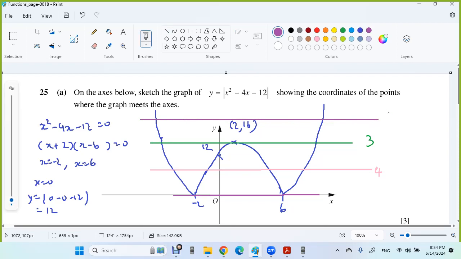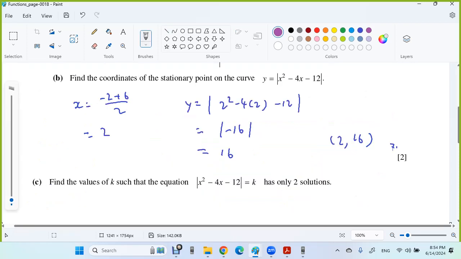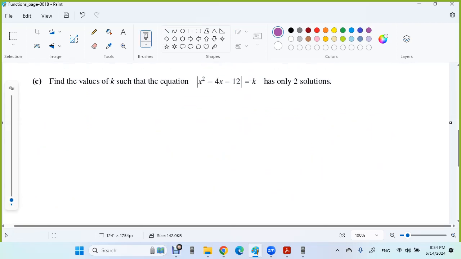So this one 2 solutions, this one also 2 solutions. So the value of k is equal to 0 and k is greater than 16.